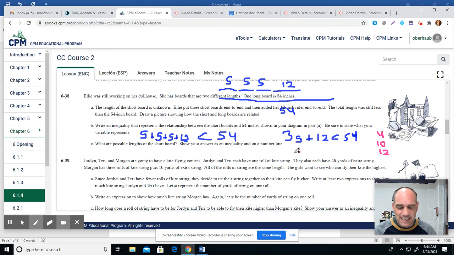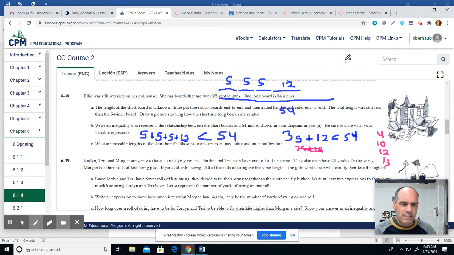What about 15? 3 times 15 is 45, plus 12 is 56. Oh, that's too big. So 15 doesn't work. What about 13? 3 times 13 is 39, plus 12 is 51. So 13 works.